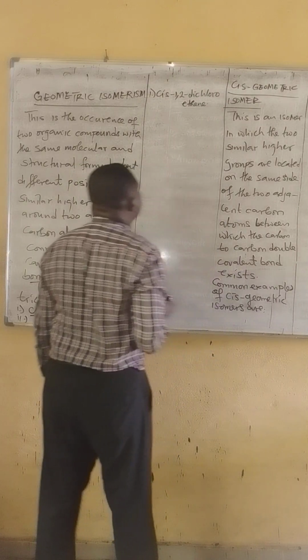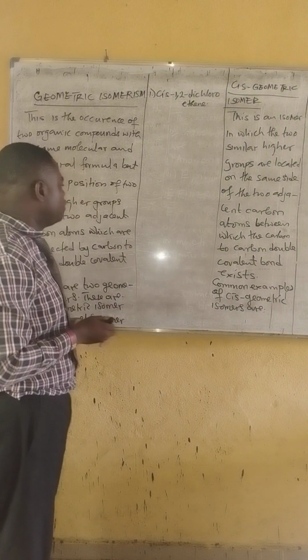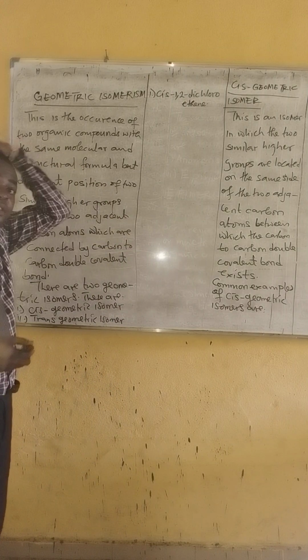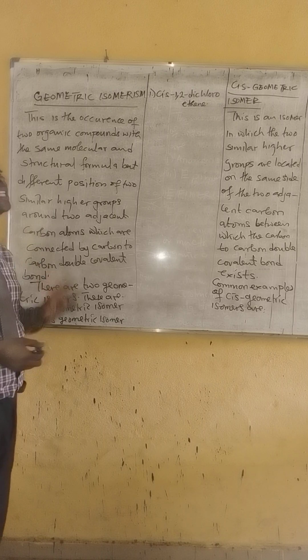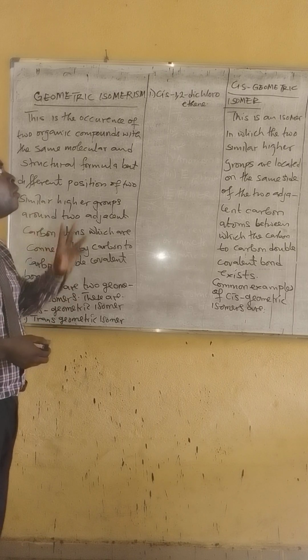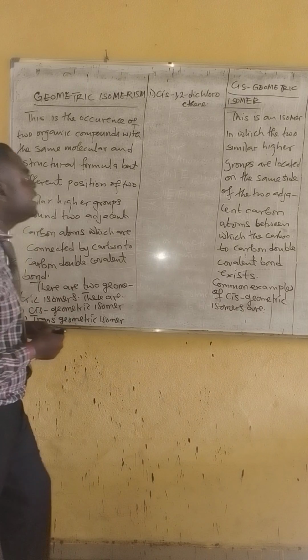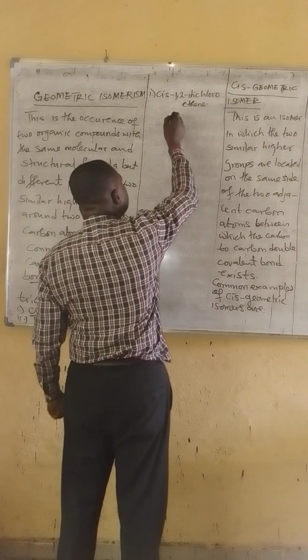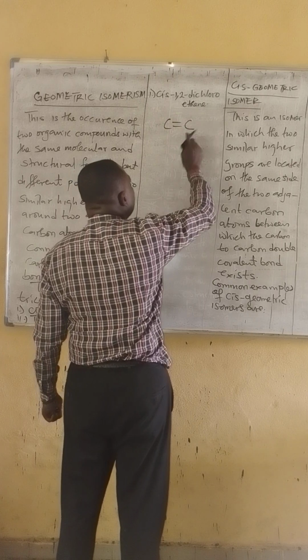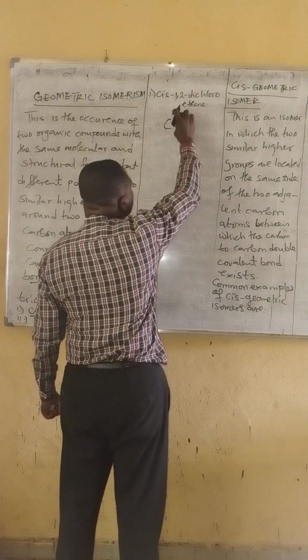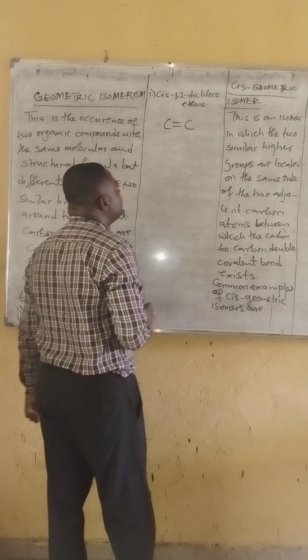Now see what I'm saying here. For you to understand these two definitions I'm giving you, you must understand that for geometric isomerism, the first condition is that there must be a carbon to carbon double covalent bond between two carbon atoms.